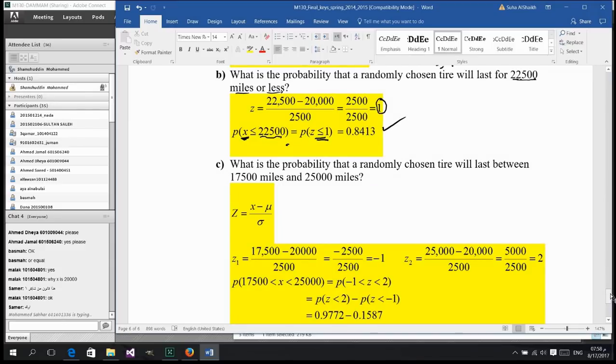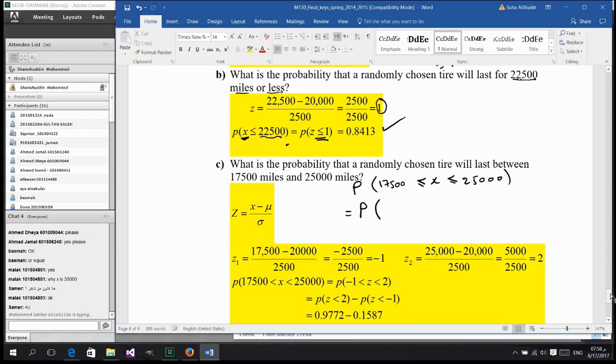The probability that a randomly chosen tire will last between, now I'm talking about x in between 17,500 and 22,500. Okay, so change each one of these to z.